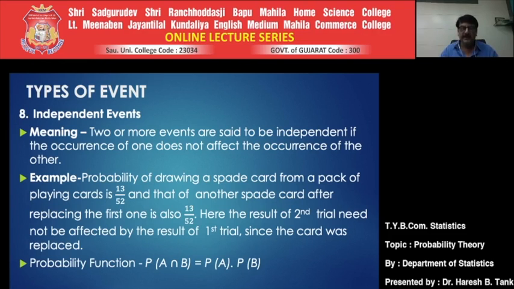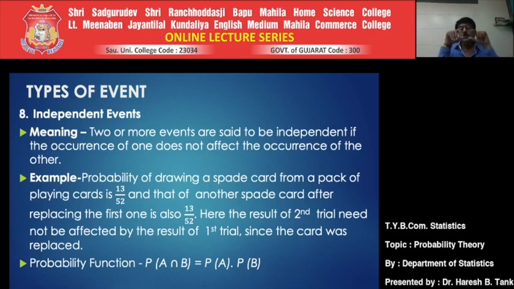So again, the probability of another spade card after replacing the first one is the same, 13 upon 52. So look here. The first card is drawn with a probability 13 upon 52. If you replace it, the second card is drawn, and getting a spade card again remains 13 upon 52. Hence the result of the second trial is not affected by the result of the first trial since the card was replaced.